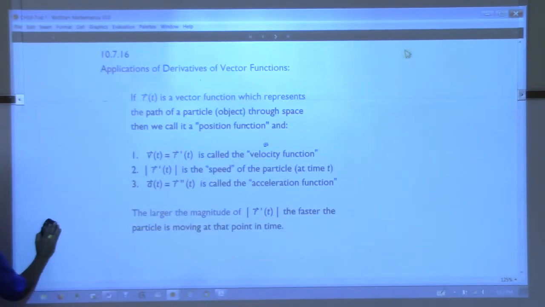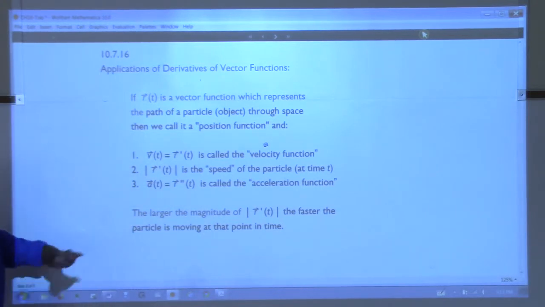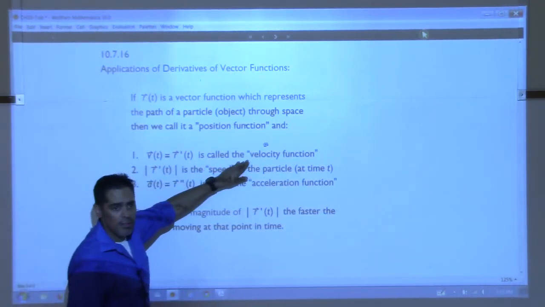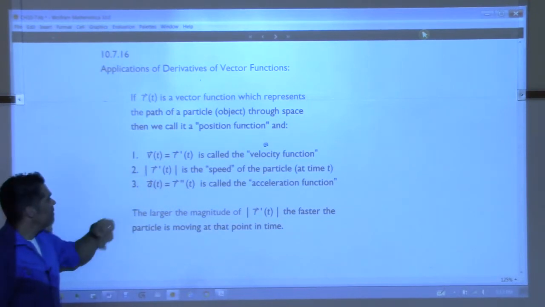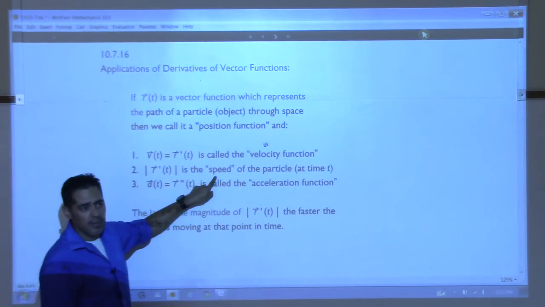It says that if r of t is a vector function which represents the path of a particle or an object moving through space, then we will call r of t a position function. If we take the derivative of that position function, we'll call it the velocity function. And the magnitude of that derivative function is the speed.